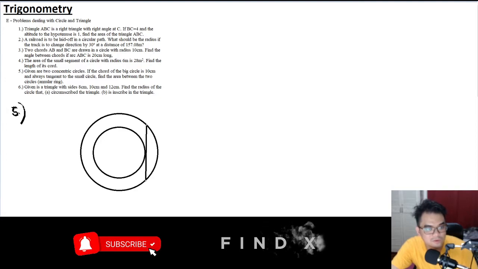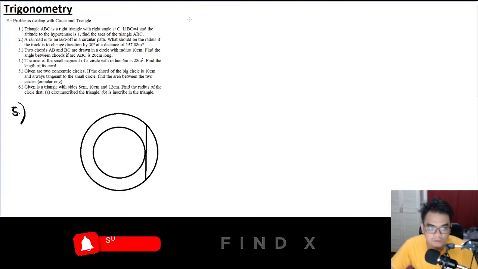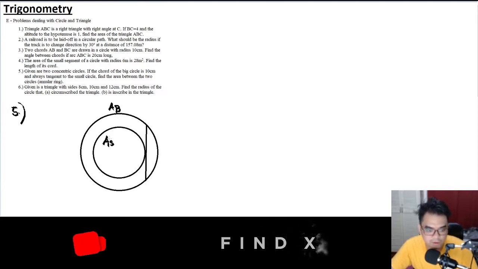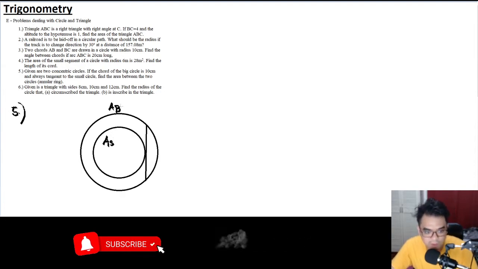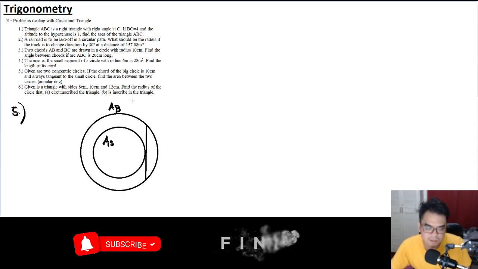Okay, so let's say that this is the area. Let's say this is AS and this is AB. AS stands for the area of the small circle, and AB is the area of the big circle.